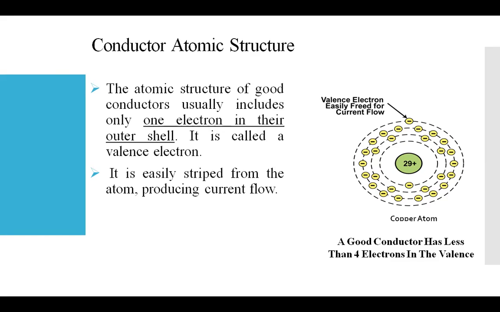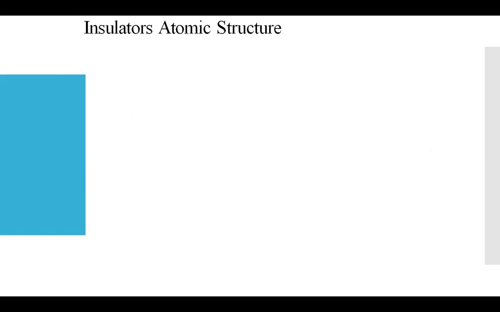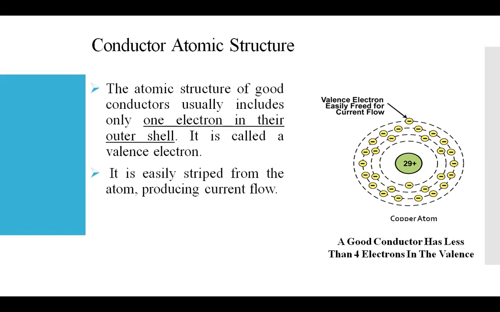Now, if we go ahead, the insulator atomic structure. Previously we discussed the conductor atomic structure, and the significant parameter you identified is that a good conductor has only 1 electron in the outer cell, which is the valence electron consideration.